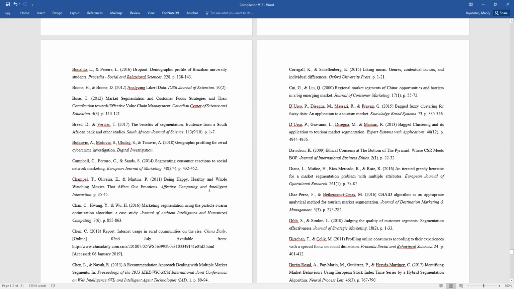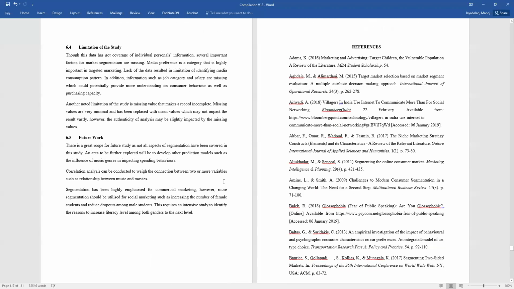So if it is 9 pages, she has used around 90 references for a master's dissertation.